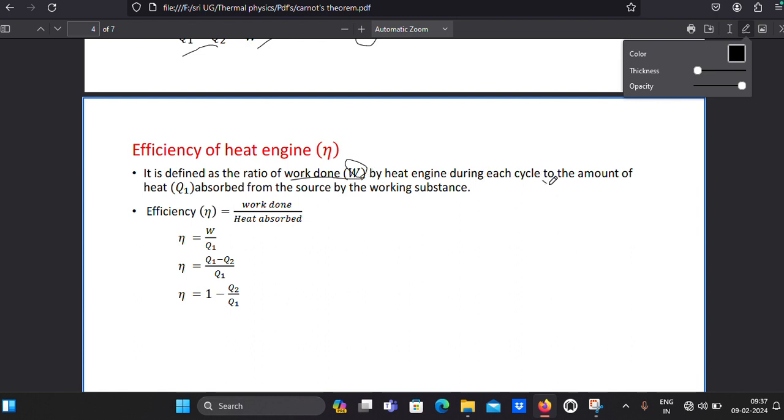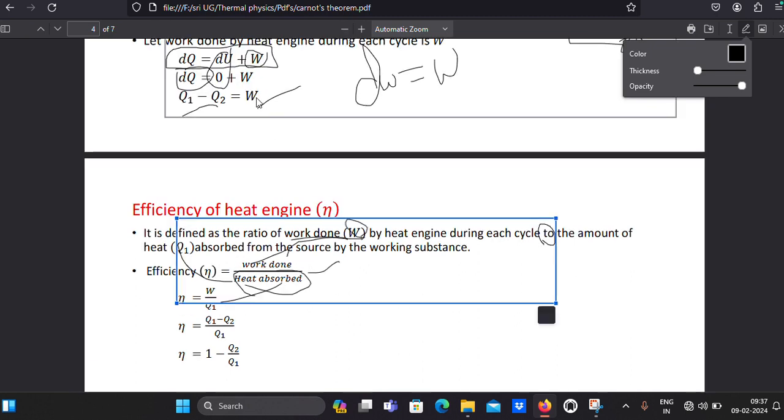The line indicates division. The amount of heat is Q1, so write W in the numerator and Q1 in the denominator. So this is the efficiency definition, W by Q1, where Q1 is the heat received from the source, and W we know, just now we have seen what W is, see above.